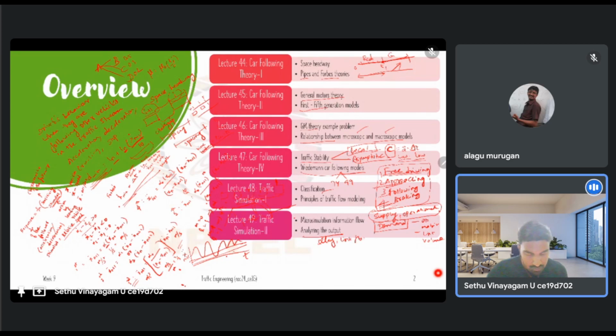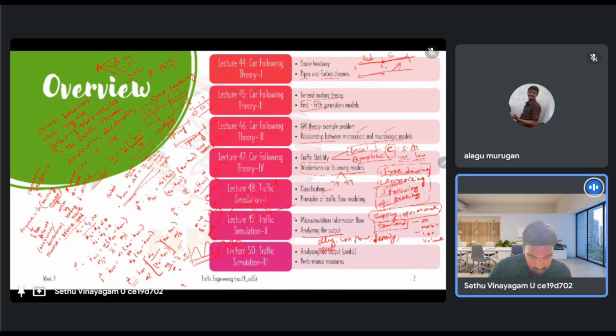If we give the input as an OD matrix, we can find out the link flow, which routes people are choosing, and the flow on different links. Again, what is the density, and what is the speed that is experienced. All these different metrics can be derived as an output of the simulation model.